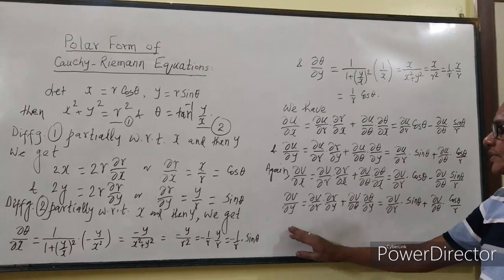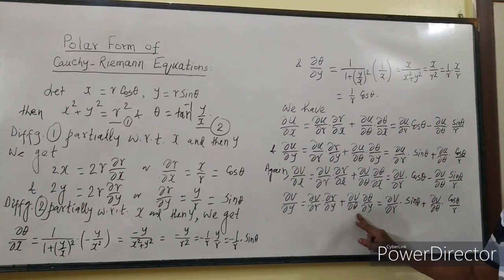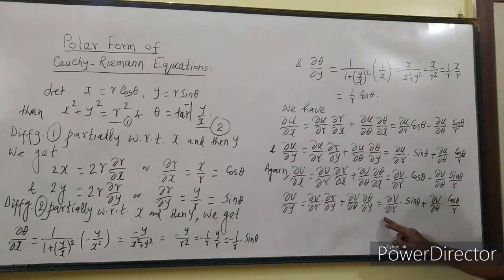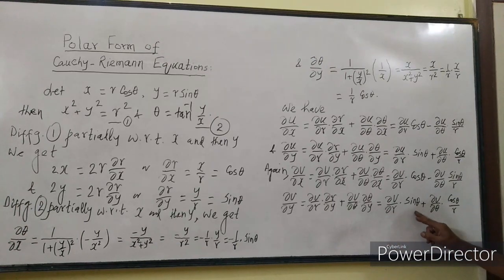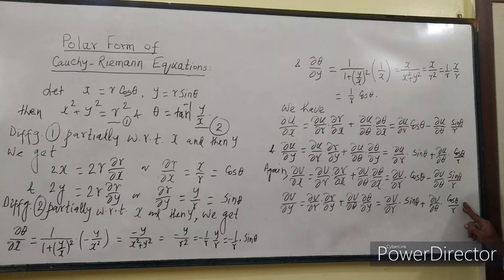Del v del y will be equal to del v del r into del r del y plus del v del theta into del theta del y, and this is equal to del v del r sin theta plus del v del theta into cos theta by r.